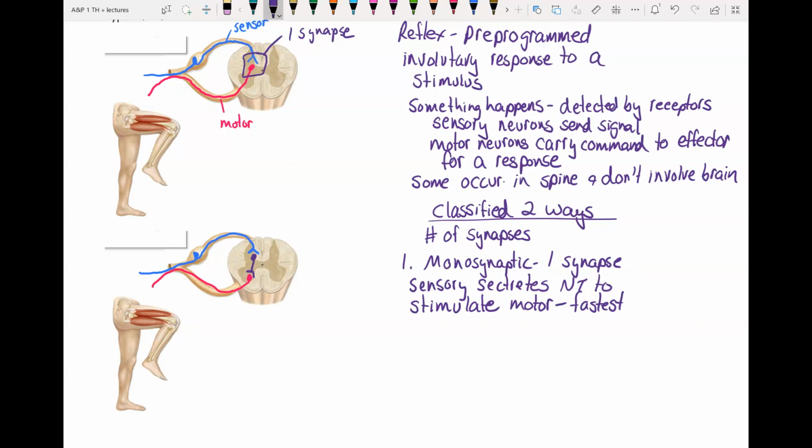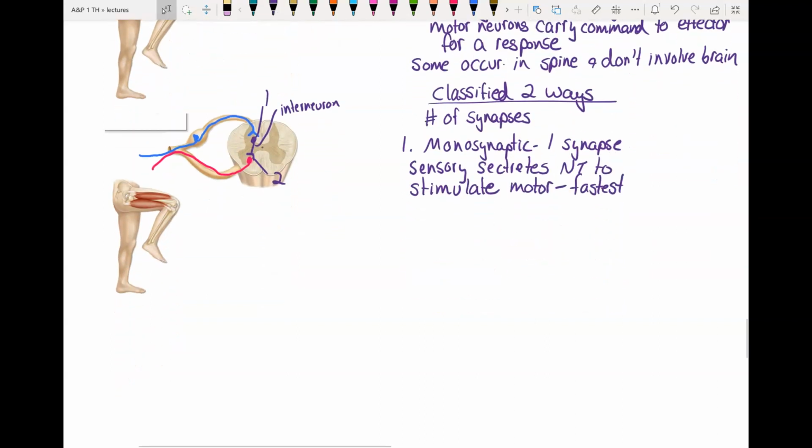So this one uses an interneuron. An interneuron is a neuron that is entirely in the CNS. No part of it leaves the central nervous system. So now here you have synapse number 1, synapse number 2. So this is a polysynaptic.